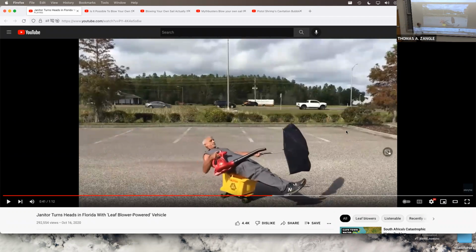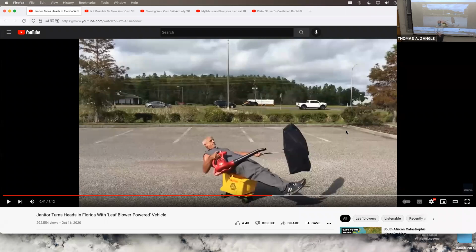So what's going on here? From a momentum perspective, can anyone offer a possible explanation? Well, why does it seem like it might be a hoax? Yeah, okay. It seems like, if you were to sit here without the umbrella, what would happen?